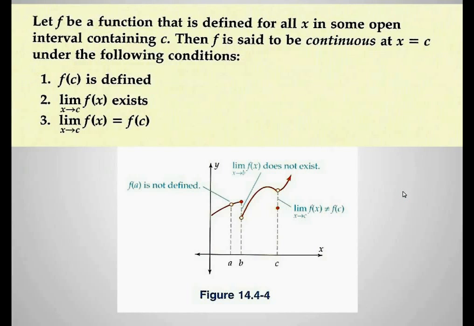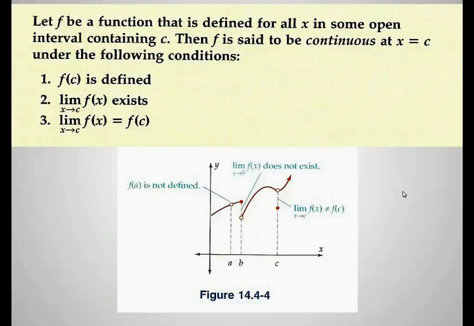So we'd say that the function is discontinuous at x equals a. At b, it's also discontinuous because the limit, as we know now, doesn't exist. The left-hand limit exists and the right-hand limit exists, but because those are not the same value, the limit itself as x approaches b does not exist. Thus, no chance of continuity there.